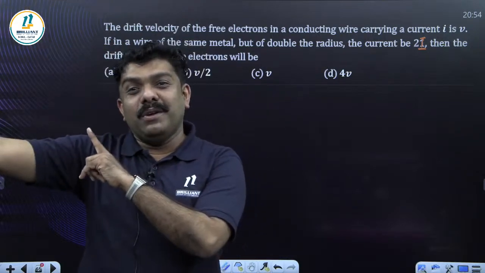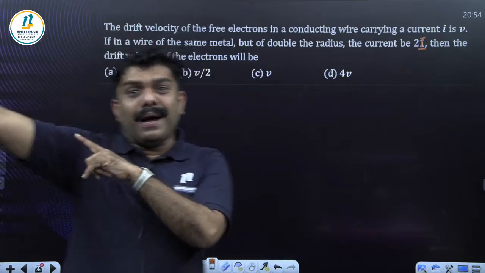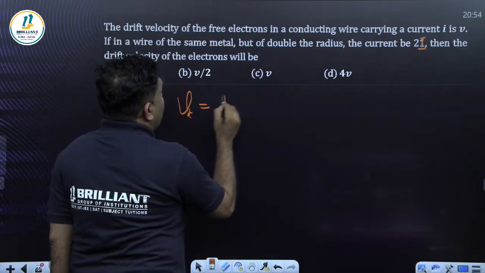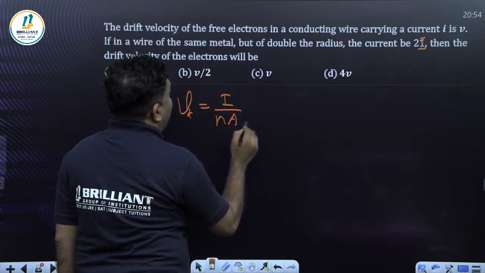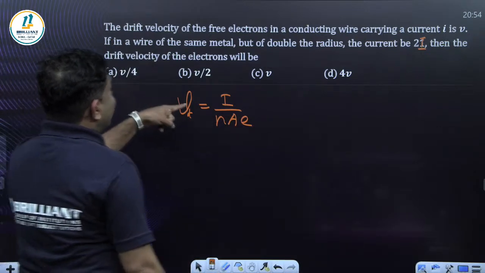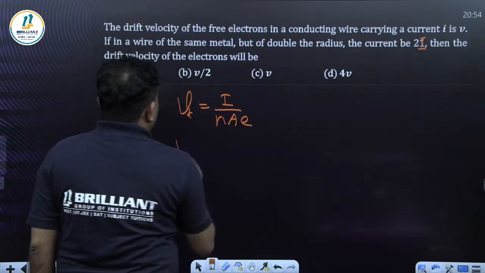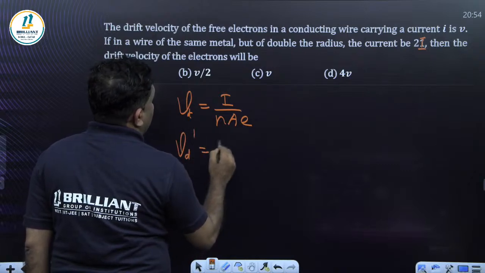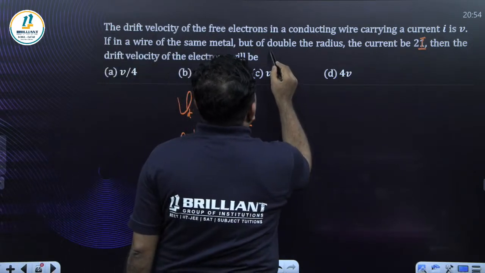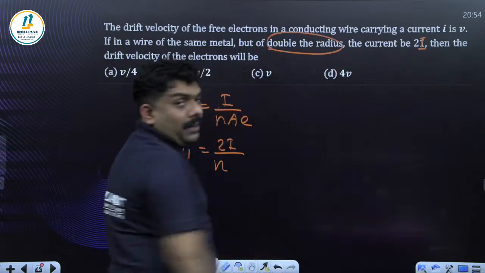Which formula will we use? VD is equal to I by NAE. In the second case the current is 2I, so VD dash is equal to 2I by N. Radius doubled.